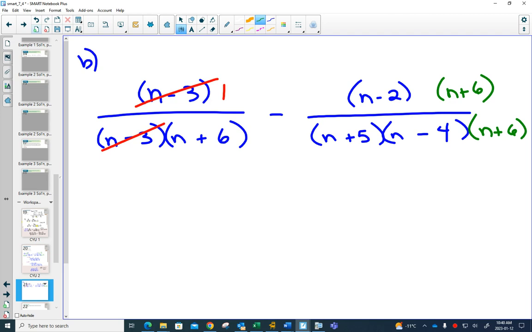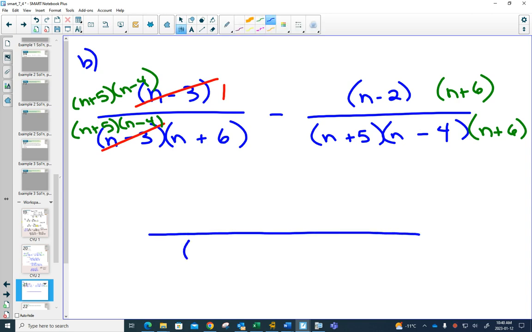I still need to add 2 of them to this one to get my common denominator. And my common denominator is going to be n plus 5, n minus 4, n plus 6.